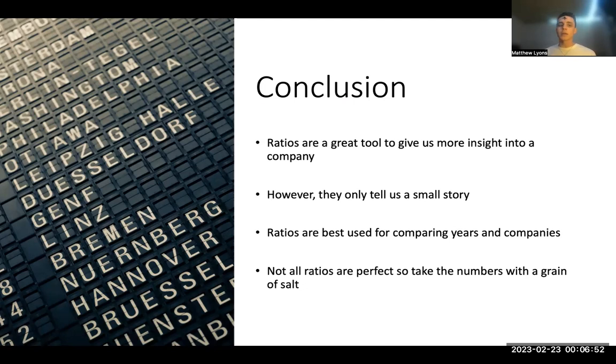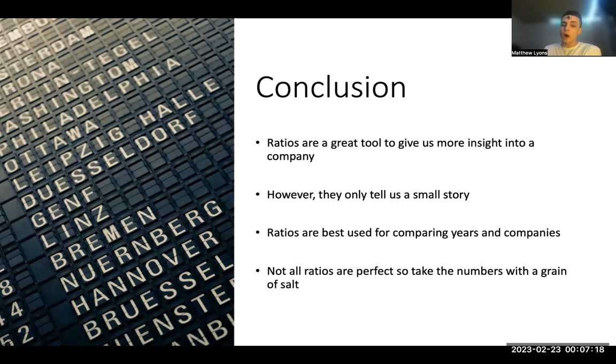I know the financial statements are really big, bulky, and hard to cut through, but these ratios help you cut through it. These tools help you understand things better. Just remind yourself that it's a tool. It's not going to do the entire job for you, but it helps with the job. Again, as I was saying earlier, ratios are best used when comparing years and companies to each other if you're looking at competitors.